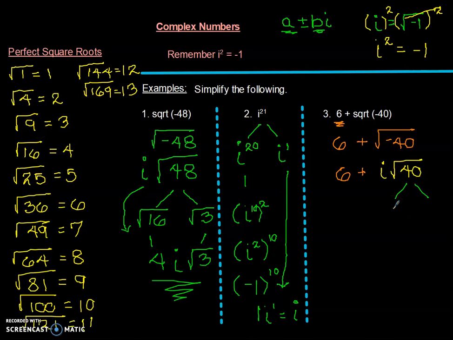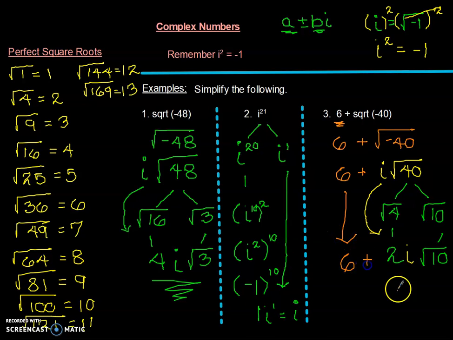The square root of 40 can be divided by the perfect square 4, which would leave me with 10. So the square root of 4 is 2. Bring down the square root of 10. And everything else that I haven't used, I'm going to bring down. So the i will come down, and 6 plus will come down. So this is my real plus or minus my imaginary number, and it's simplified.